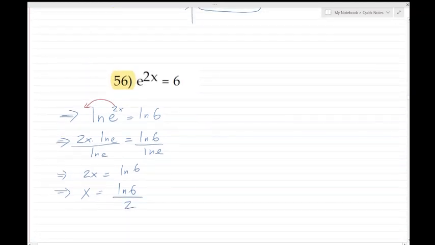So what if I do it the other way, where I just rewrite it as a logarithm, and I say log base e of 6 is equal to 2x. So e is the base, 2x is the power, and 6 is the argument, right? And then log base e is equivalent to ln, and so we just pretty much come back to the same thing.